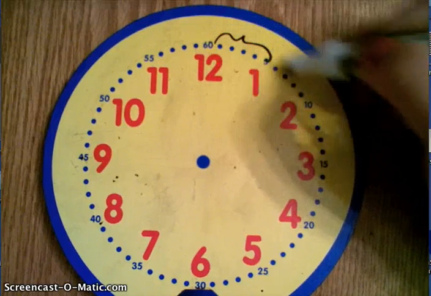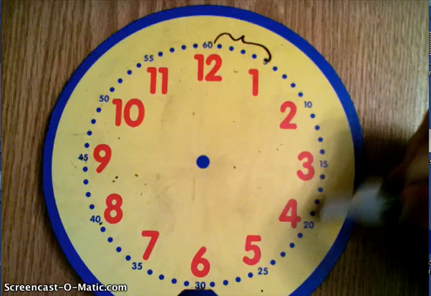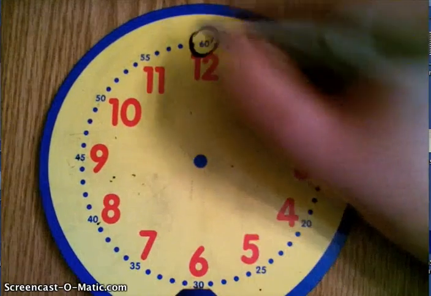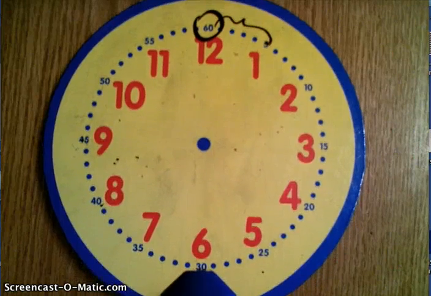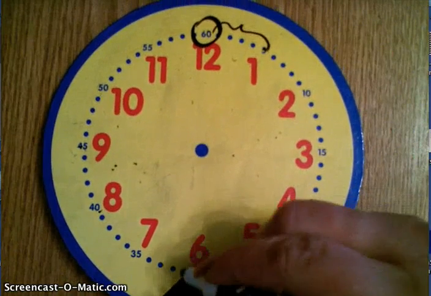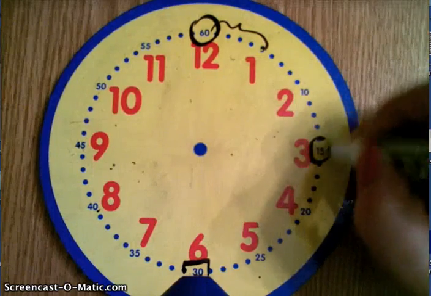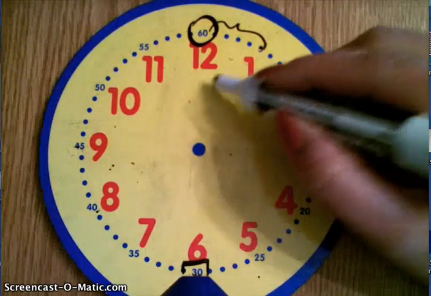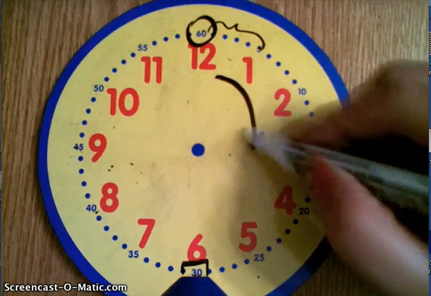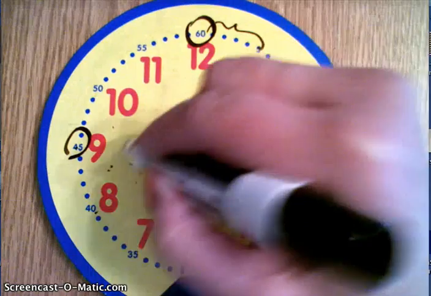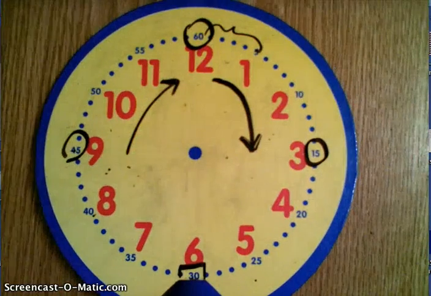So 5, 10, 15, 20, all the way around for 1 hour. Notice that there are 60 minutes in an hour. A half hour is 30 minutes, and the quarter hours are 15-minute increments. So this would be a quarter past the hour, and this would be a quarter till the hour.